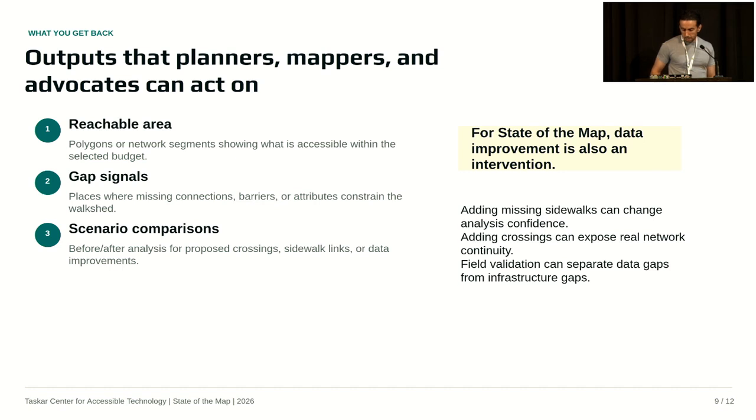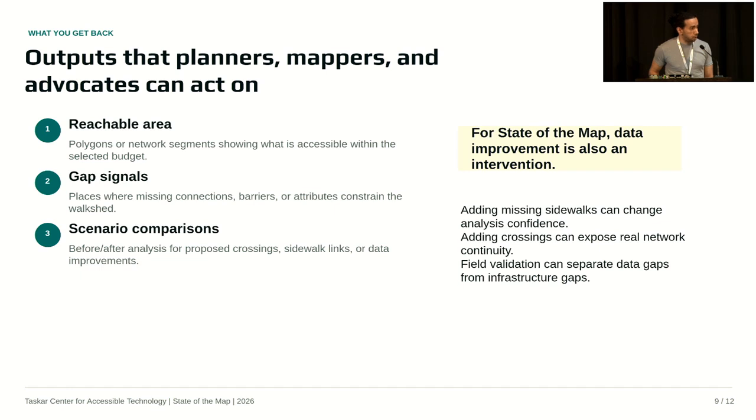So the output of the tool, once it's run, you'll be able to see from a starting point or a destination what area is reachable. Over time, we're going to add additional graph signals and analysis. We currently have quality reports about sidewalk data in a different component in the system.